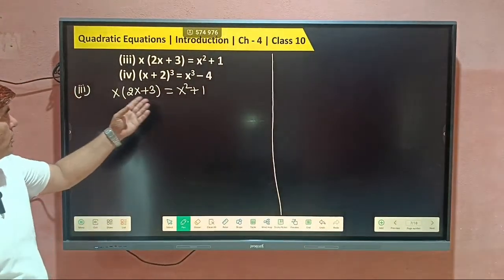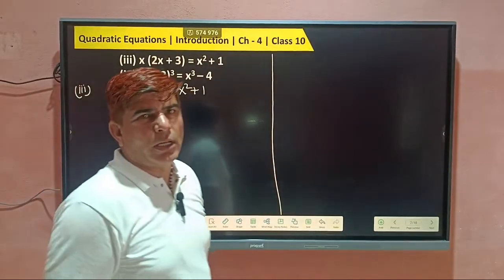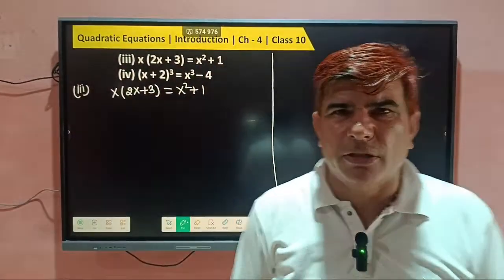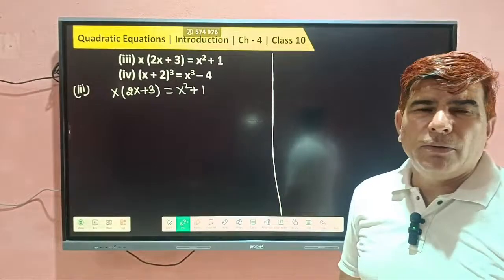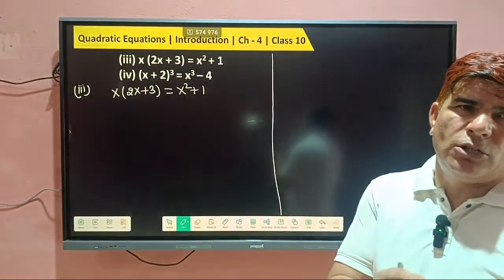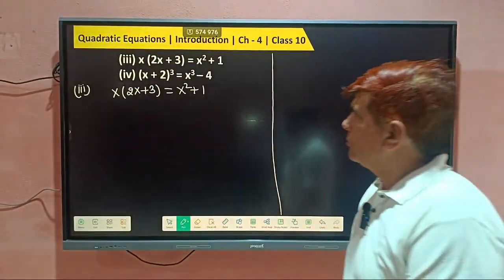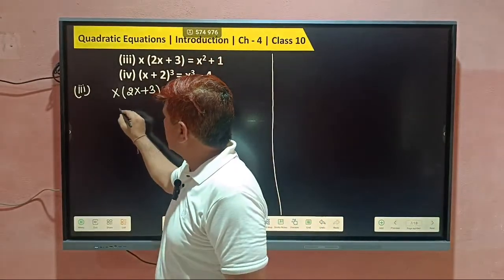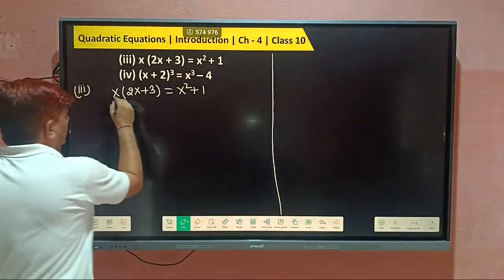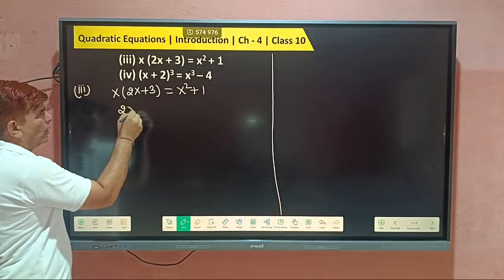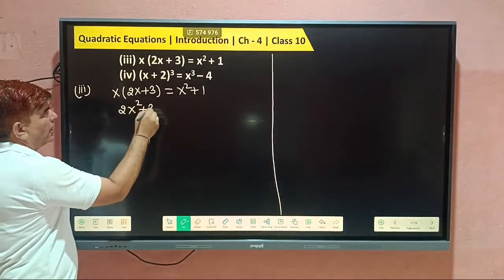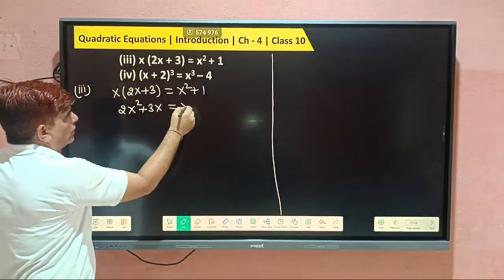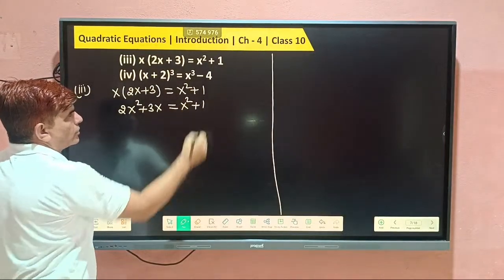Here the highest power of the variable is 2, so directly we can say it's a quadratic equation, but we cannot say it directly. We have to convert this into the simplest form. So it becomes, on multiplication, 2x square plus 3x equal to x square plus 1.